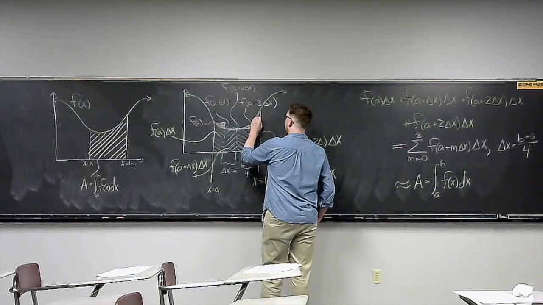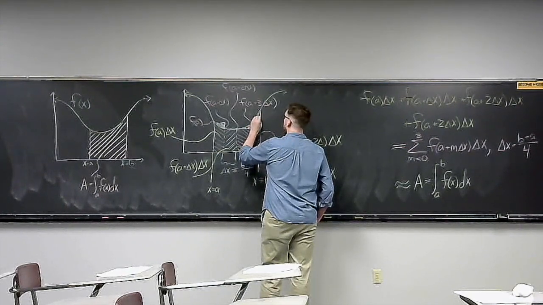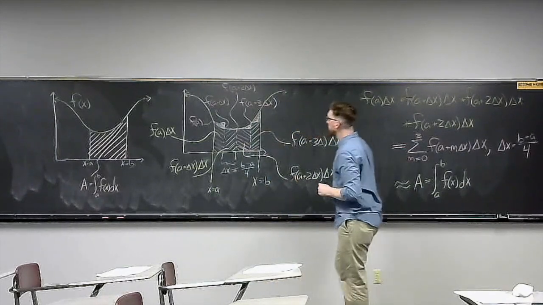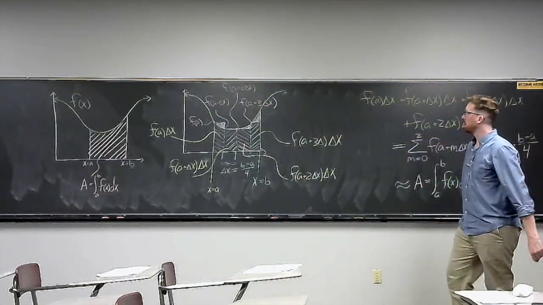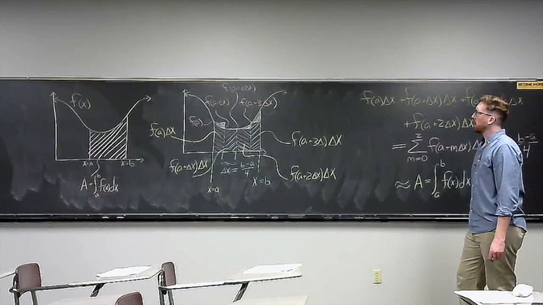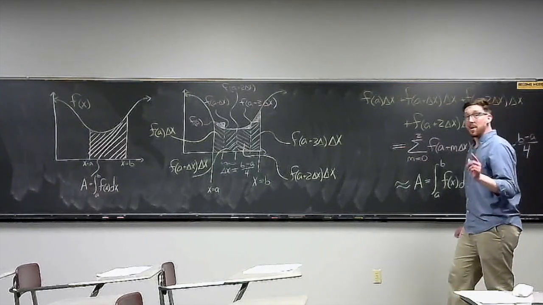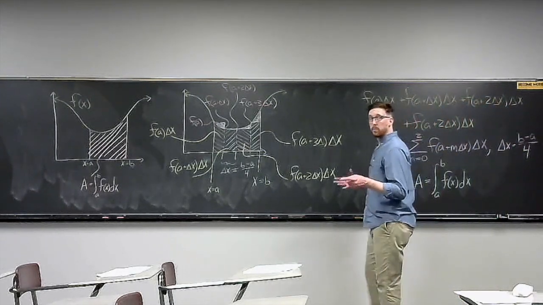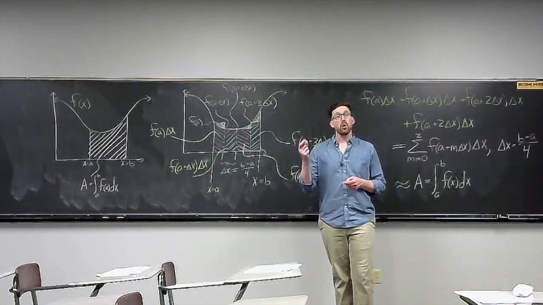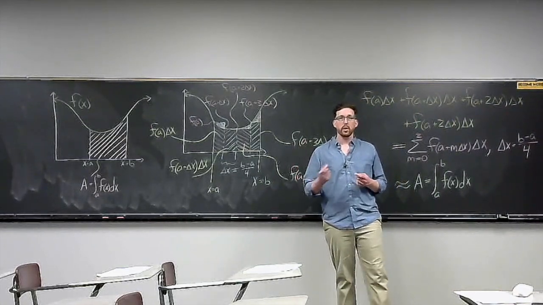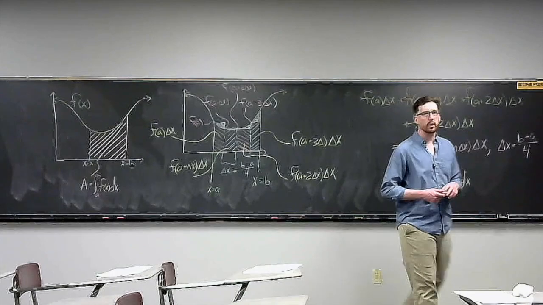And this rectangle has an area that's undershooting by a decent amount. And we can minimize that error by using smaller and smaller width rectangles, couldn't we? Think about that for a couple seconds.